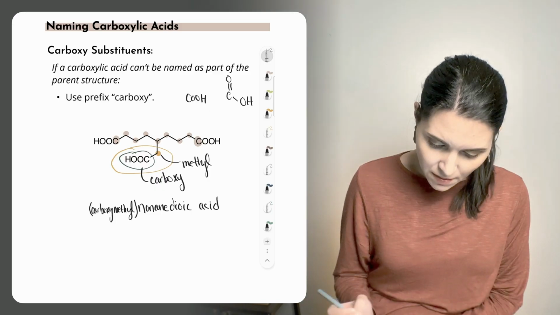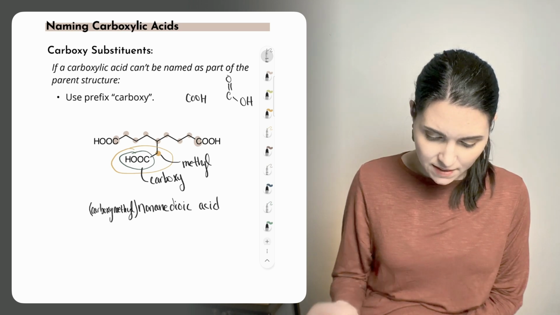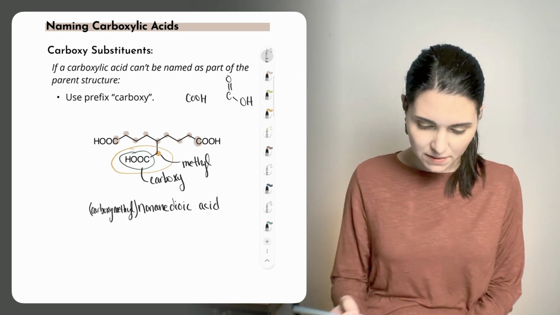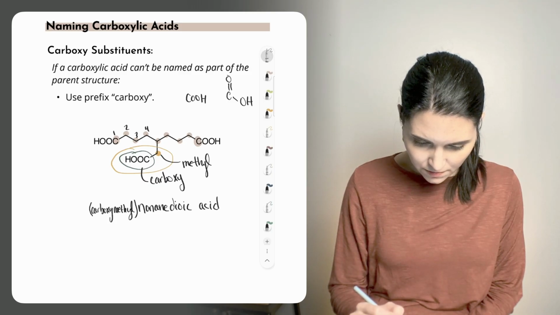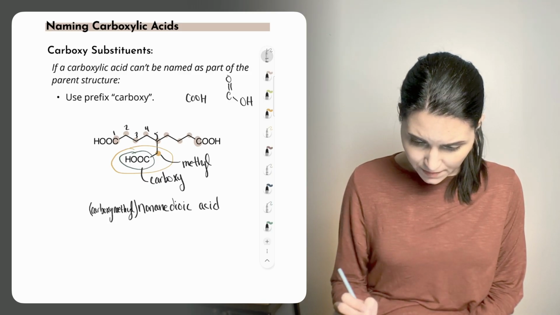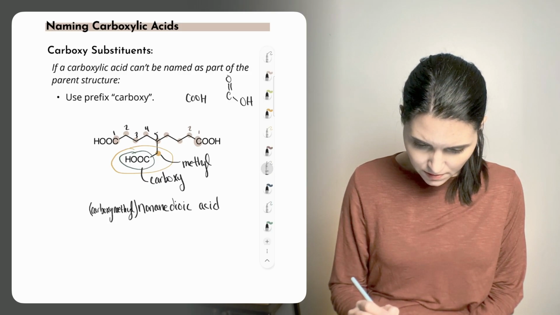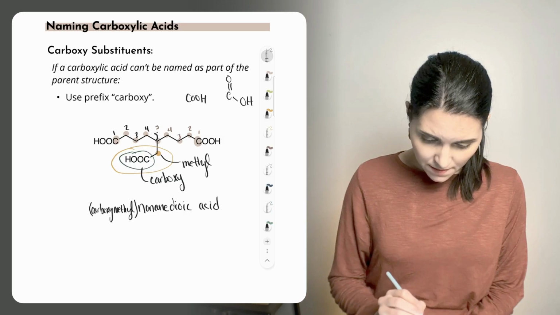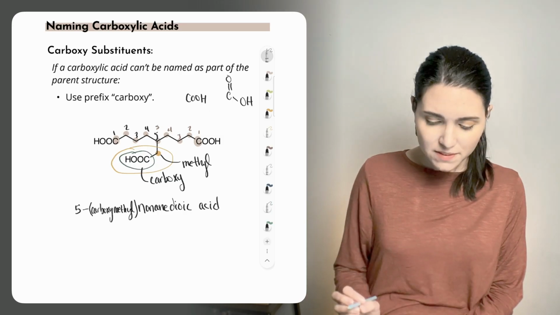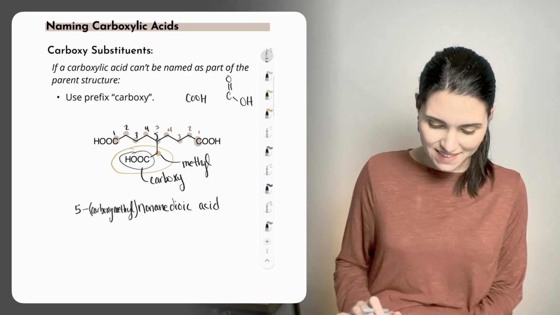So carboxy methyl nonane dioic acid, and we just need a locant for that carboxy methyl. So if we go this way, 1, 2, 3, 4, 5, and if we go the other way, 1, 2, 3, 4, 5. So it doesn't matter. And so this is going to be 5 carboxymethyl nonane dioic acid.